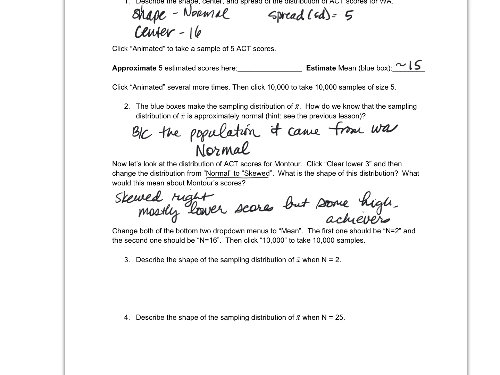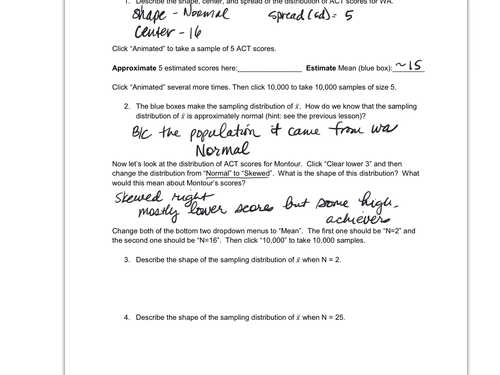Now, we're going to change the bottom 2 drop downs to means. They already say mean. And this one, I'm going to change. Notice my sample size was 5 last time, right? So I'm going to do a really small sample of 2 here. And then on this one, I'm going to do another sampling distribution, but this time I'm going to make it as big as I can using this guy, which is 25.